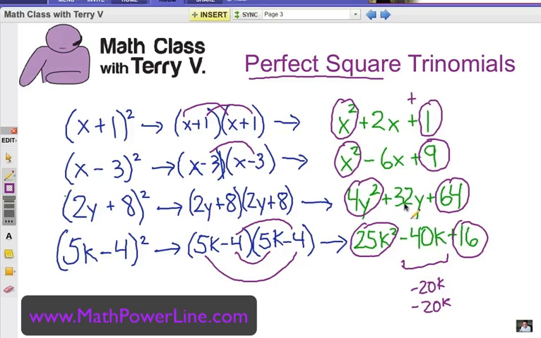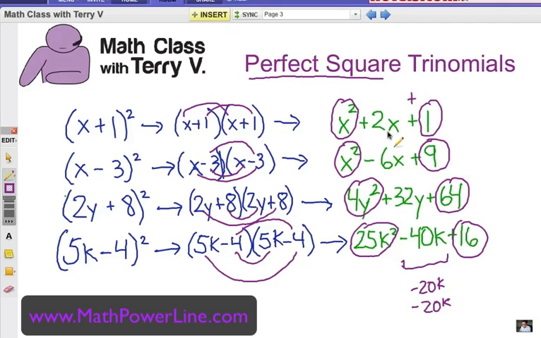In this case, 32y is because we get 16y and another 16y. This negative 6x, if you take half of it, you get negative 3x, and that comes from that and that. So here's the pattern. These perfect square trinomials have a first and third term that are perfect square numbers or algebra expressions.